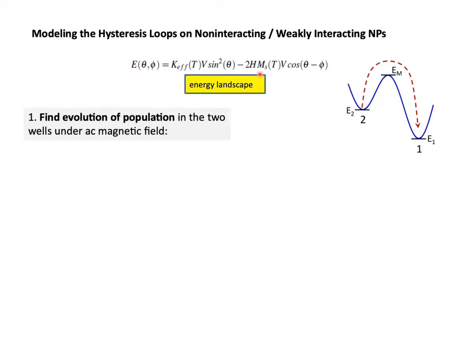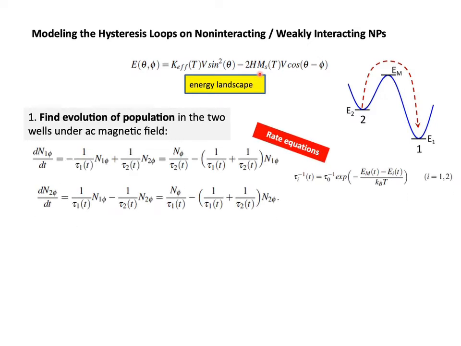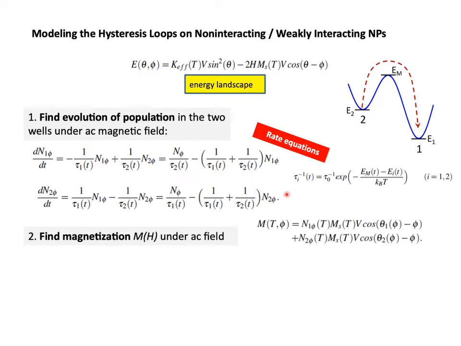We have to find the evolution in the two conditions when we apply the magnetic field. And how do we do it? We use the rate equation approach, where the number of nanoparticles in condition 1 as a function of time is expressed by this formula, while the number of nanoparticles in condition 2 is expressed by this one.